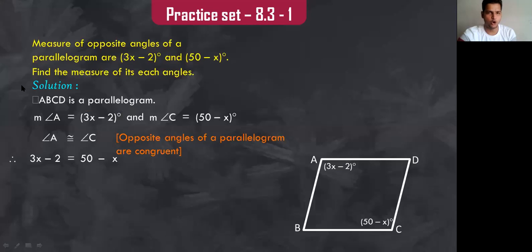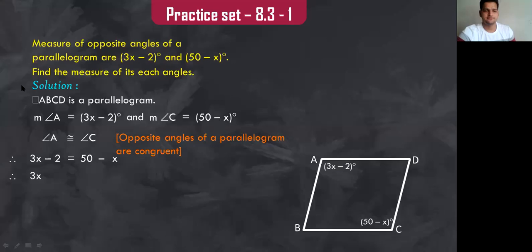Now bring all the like terms together. That means all the variable terms should be on the left side of the equal sign and the number terms should be on the right-hand side. Variable terms means what? Alphabets.